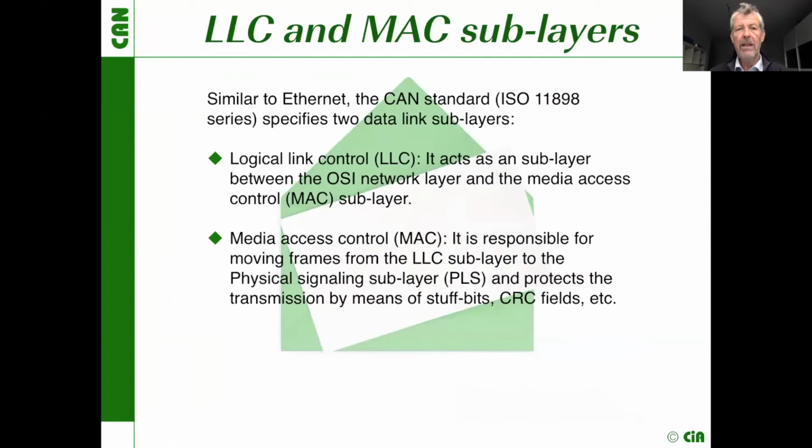In general, we have all the CAN standards for the data link layer developed in a way similar to Ethernet. This means we have two sub-layers in the data link layer. One is called the logical link layer, and this acts as a sub-layer to the OSI network layer, and the media access control sub-layer, the MAC sub-layer, is responsible for moving frames from the LLC sub-layer to the physical signaling sub-layer within the CAN controllers.